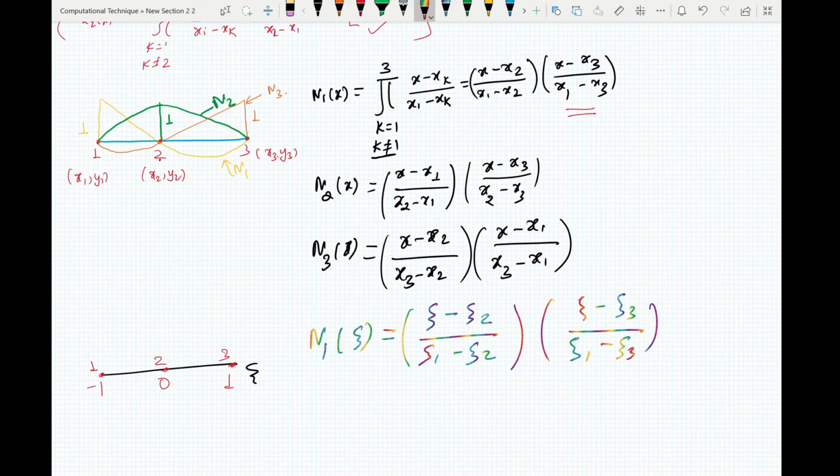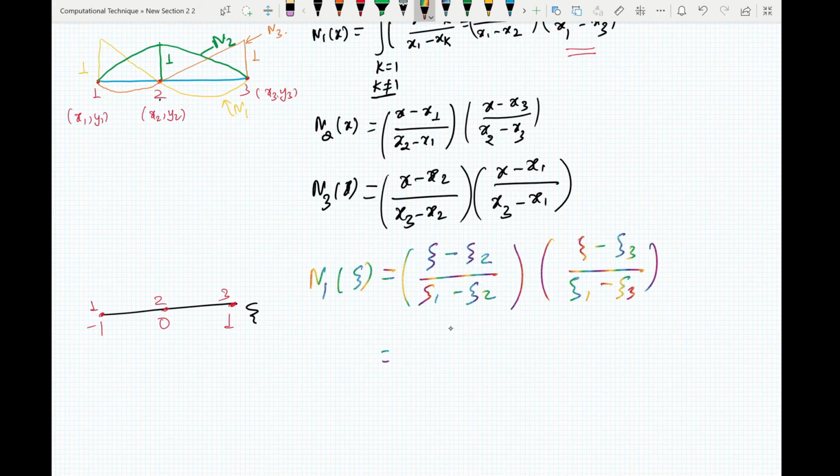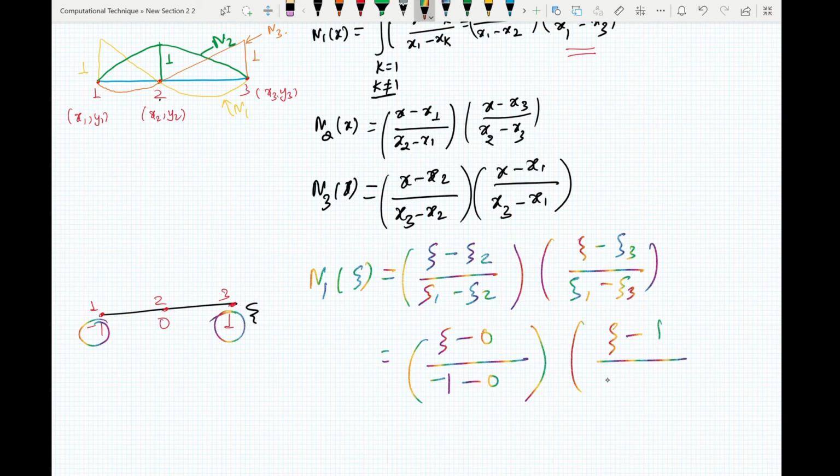Now when you plug in the values of xi2 and xi3, your xi2, that's for the second node, is 0. So we'll have 0 here, xi1 is -1, and xi2 is 0. So we'll have 0 here. And for this case, we'll have xi minus xi3. Xi3 is 1, this one. And then we have xi1 minus xi3.